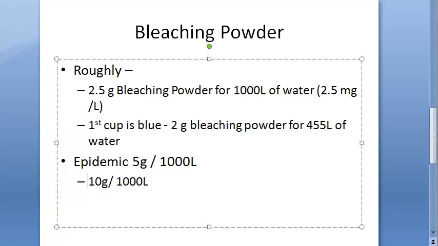So remember, 10 gram per 1000 liter for virus or cysts or cyclops. If there is diarrhea incidence in some place, then you will put 5 gram per 1000 liter.